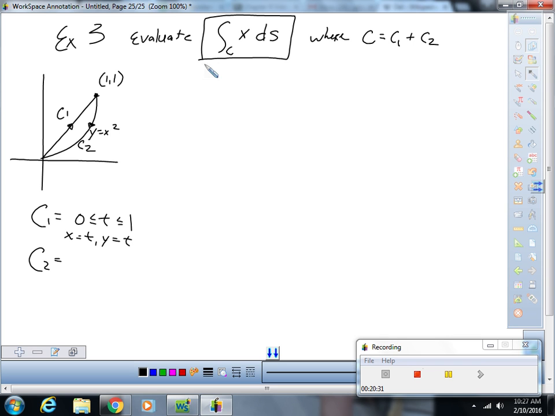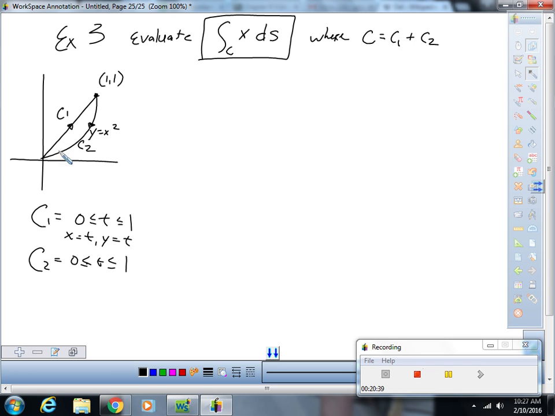Okay? So to make it easiest on ourselves, we are going to repeat our parameter. And if you remember from way earlier in the year, I didn't like it when we did this earlier either. But it makes more sense to me now. So we still got to figure out, okay, how do we get from 1, 1 to 0, 0 along this path?